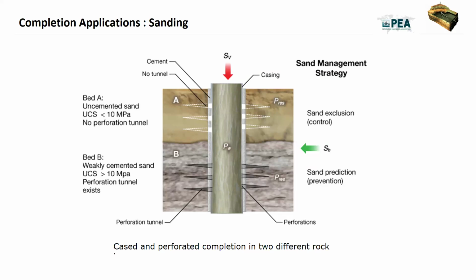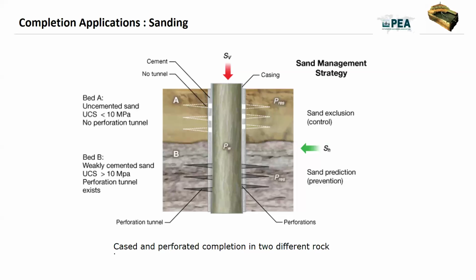So here in this figure is a schematic of a cased perforated completion in a low strength reservoir showing two beds, bed A and bed B. Bed A is a weak and cemented sand, meaning it has a UCS below 10 megapascal, so we have no perforation tunnel there.